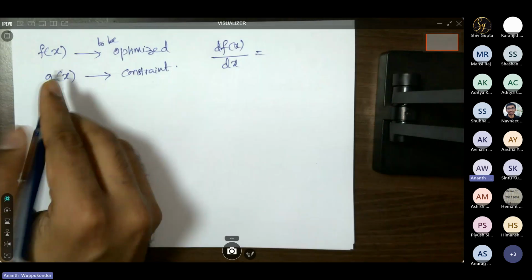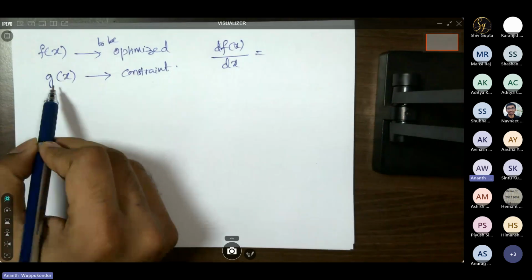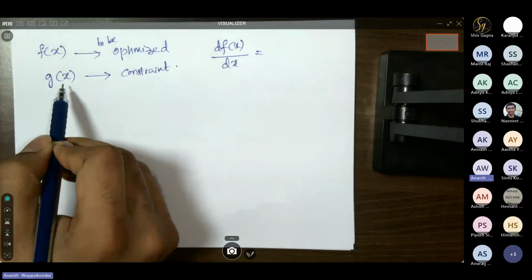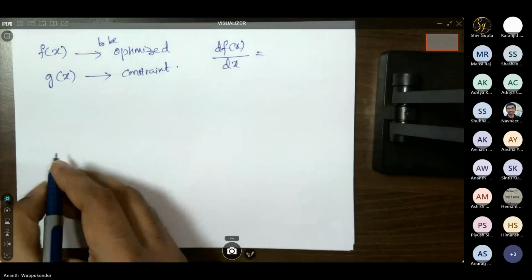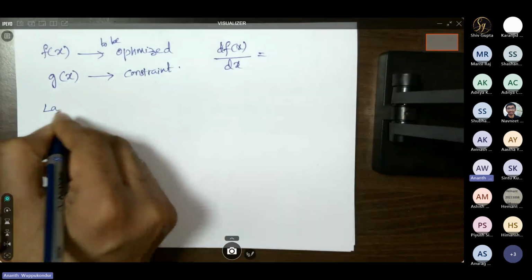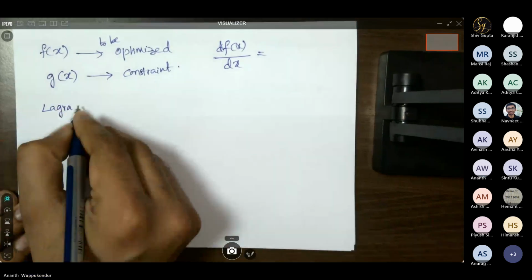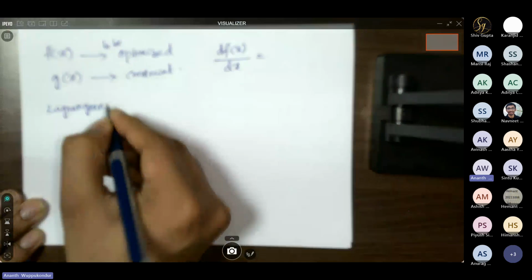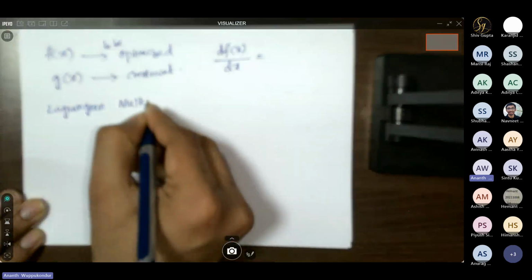So we have a function f of x that needs to be optimized for a given constraint g of x. Now, what we are going to use is Lagrangian. I don't know if you have heard this before. So this is the Lagrangian multiplier method.